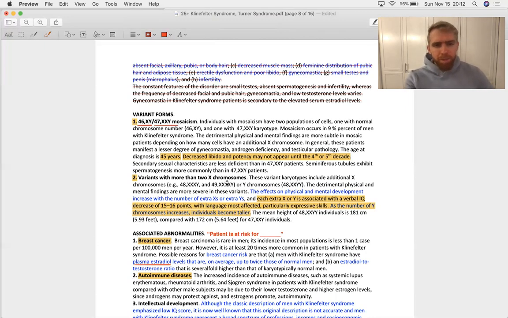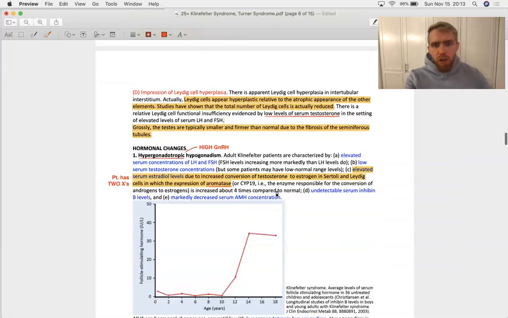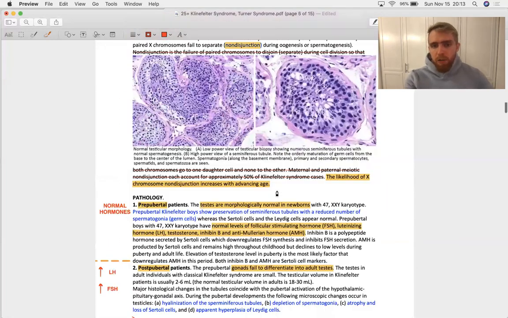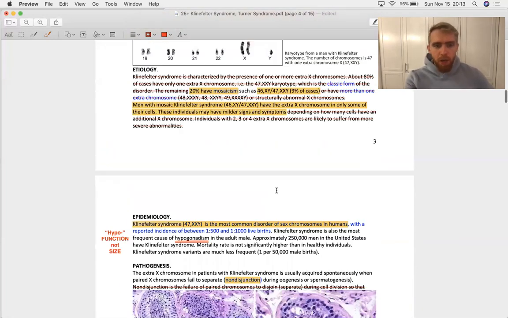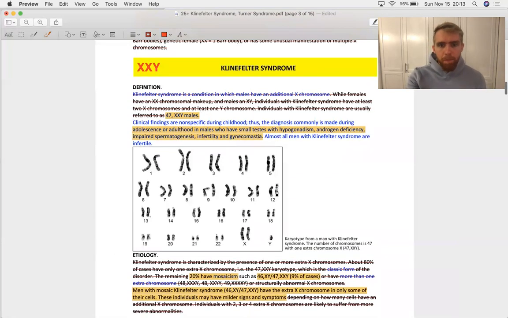Also of note, there are some variants with more than 2 X chromosomes, which are going to be more severe in their clinical phenotype than a 47XXY Klinefelter. So that's what they look like. That's the characteristic presentation you'll see around puberty. This characteristic habitus starts to develop.